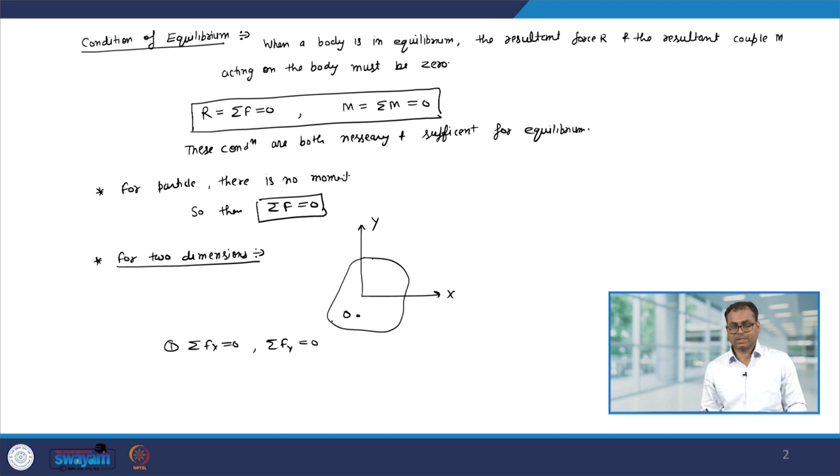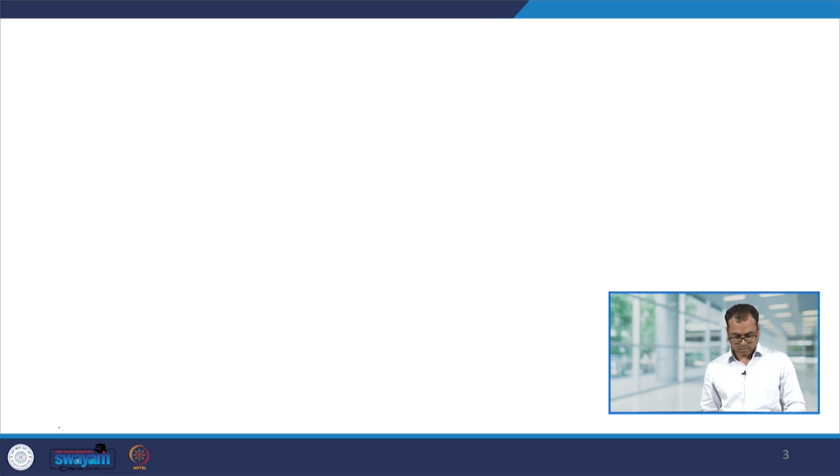For example, let us take this point. The moment about point O should be 0. Here O is any point on or off the body.